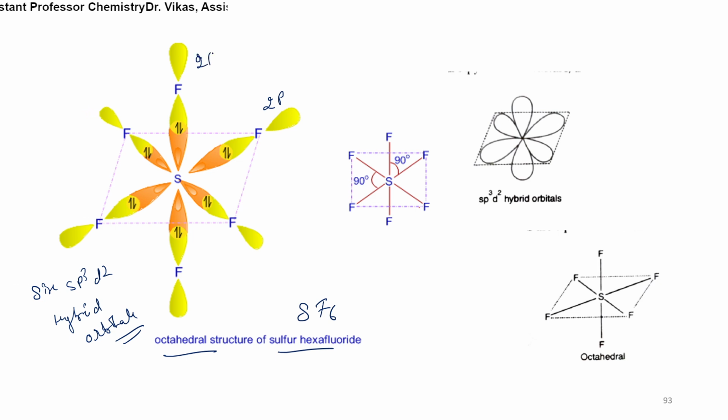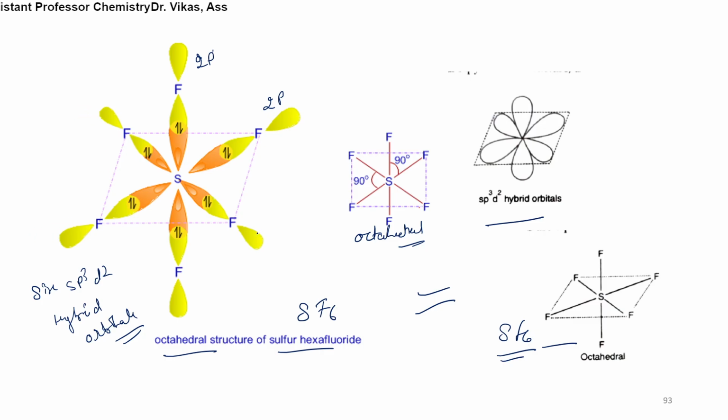This one is also the 2p. Bond angle is 90 degrees and geometry is octahedral. SF6, sp3d2. Okay, so this is the case of sp3d2 hybridization and octahedral geometry.